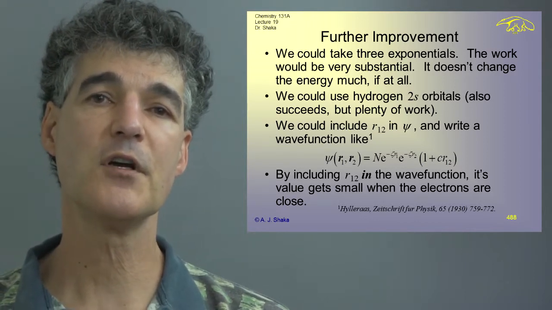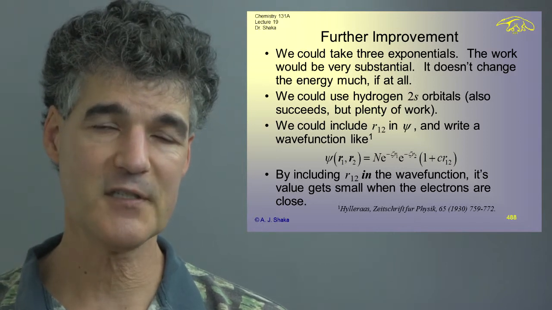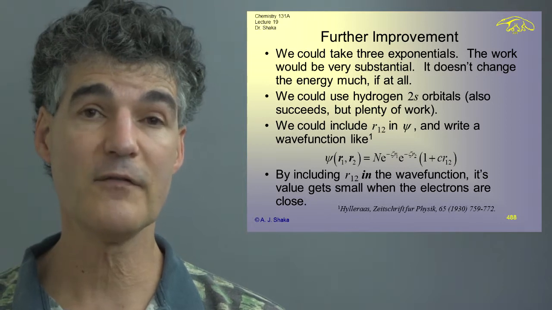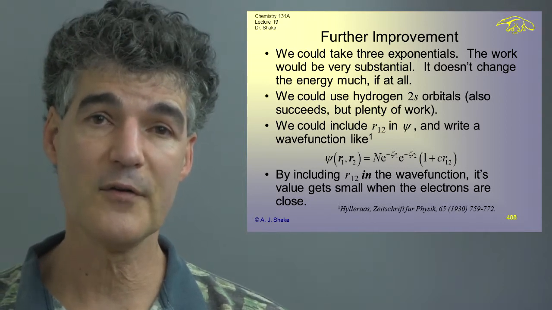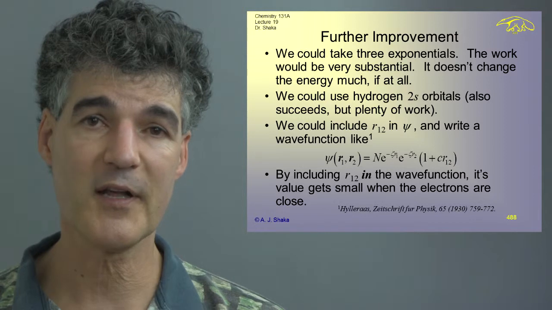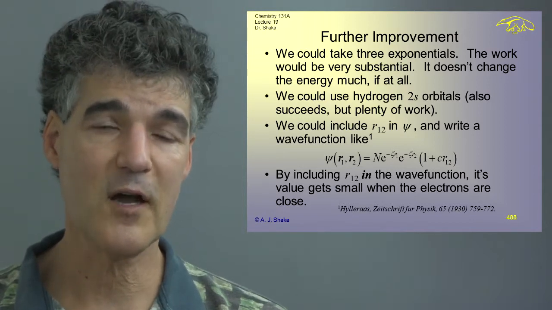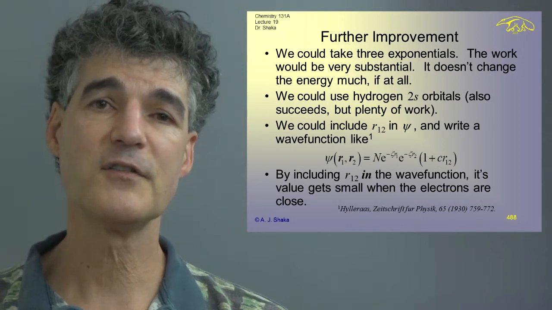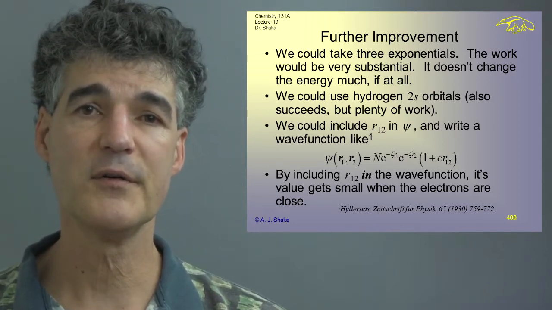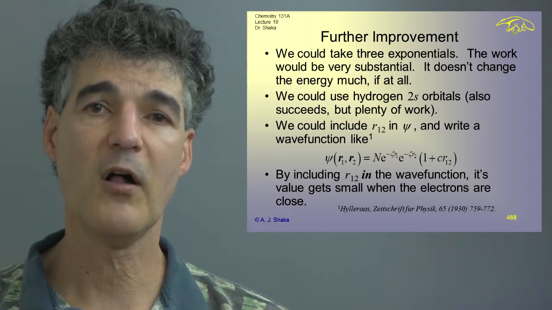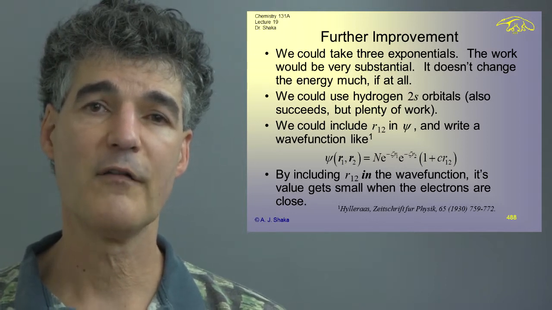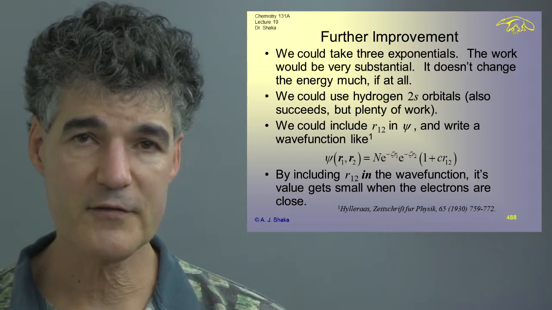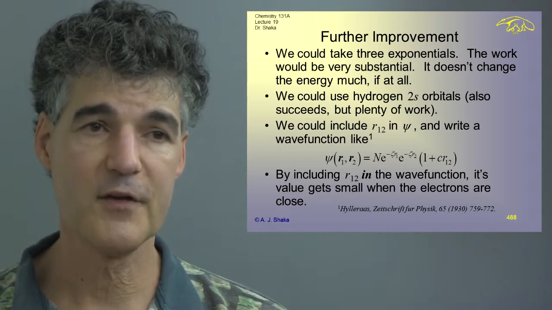If you include terms in the actual distance between the electrons in the wave function, so it's no longer a function of just R1, R2 as separate things, but includes R12, which is a complicated formula, then you can control the wave function so that when the electrons are near to each other, that term gets small, and when they are far away from each other, that term gets bigger. And that in fact gives you a lot of flexibility.